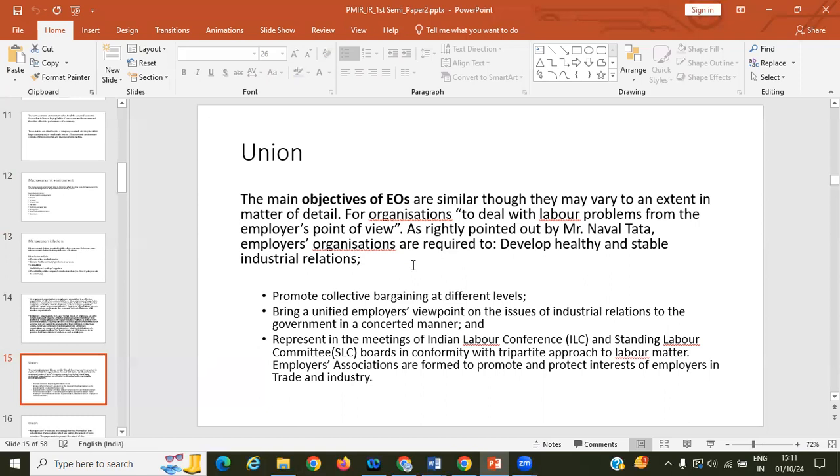That is called industrial relations. And these organizations, whether employees organizations or employers organizations, are helping their members to maintain good relations in the industry.